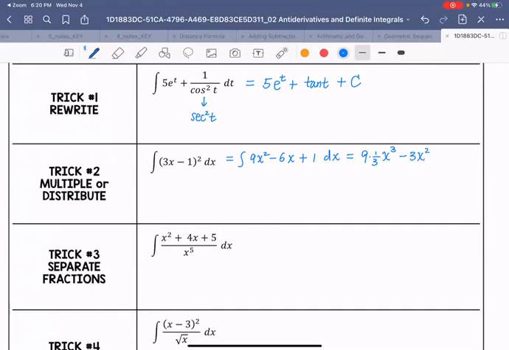Plus 1, what should you write? Plus c. 0. That 0 is for the c, okay? That 1 is for the x. That makes sense?